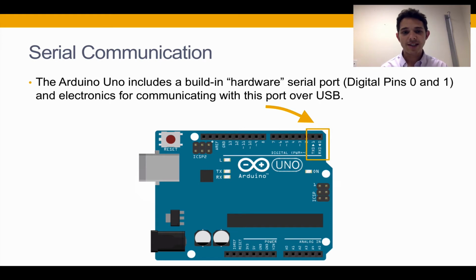How does it do that? It turns out that digital pins 0 and 1 are hard connected to the serial port. So you are able to establish serial communication with digital pins 0 and 1. That is something that you'll exercise with in Lab 1, Part 2.